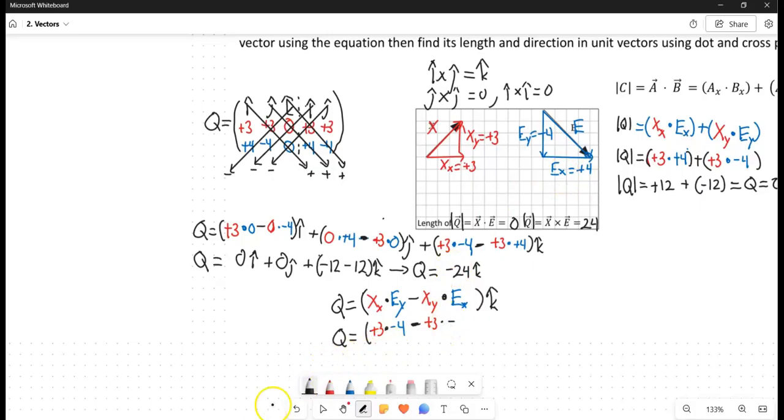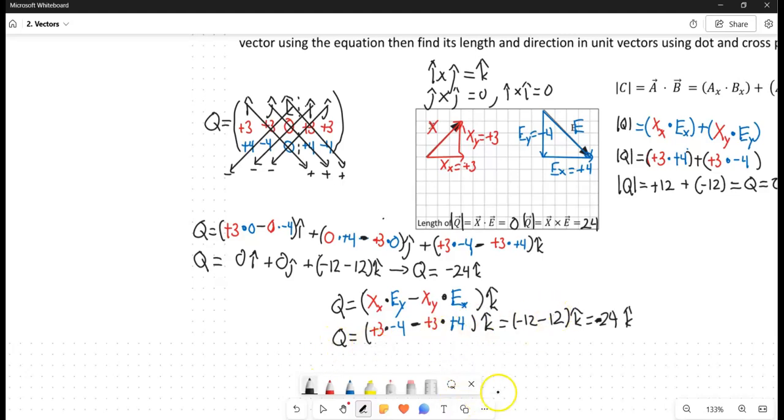When we do it this way, you end up getting the exact same product. You end up getting negative 12 minus positive 3 times positive 4. So you end up getting negative 24 k hat. And so the answer for the length of Q is just going to be 24.